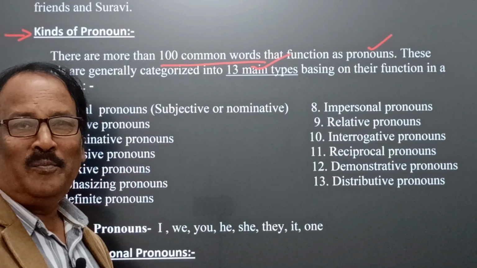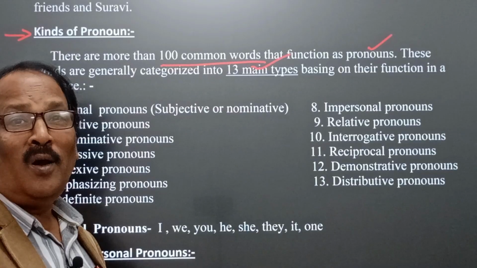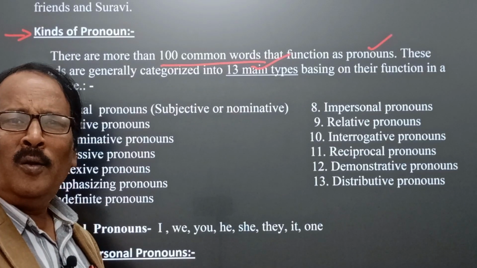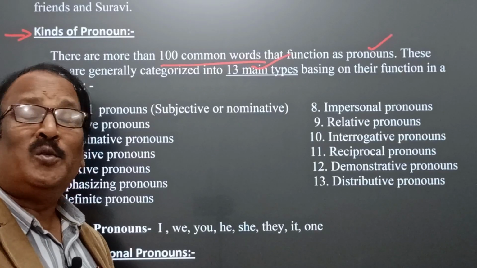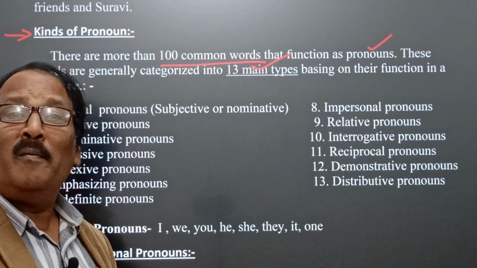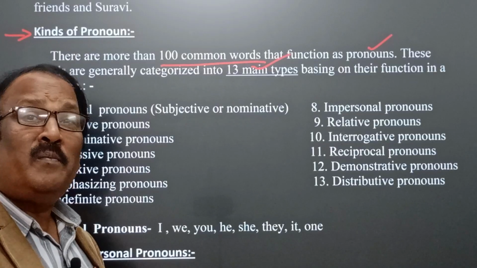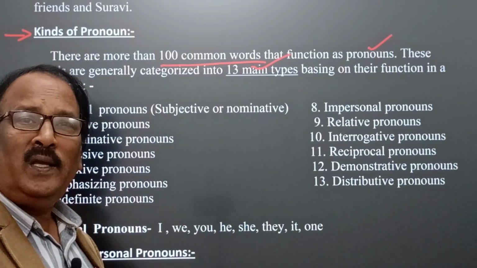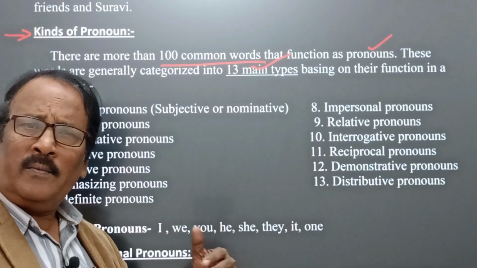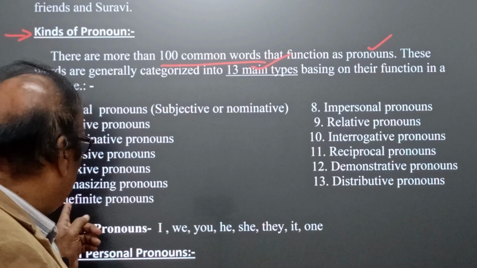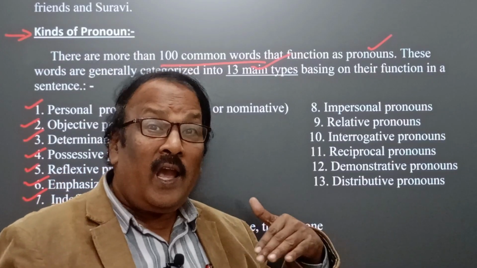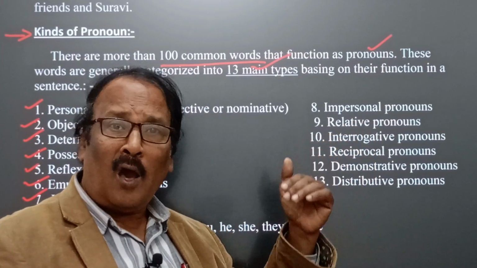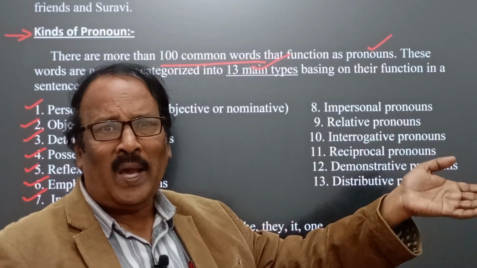Indefinite pronouns, for example: both, all, none, no one, nobody, anyone, anybody, someone, somebody, everyone, everybody, something, everything, nothing, anything. These are indefinite pronouns, because they express any noun in an indefinite manner.